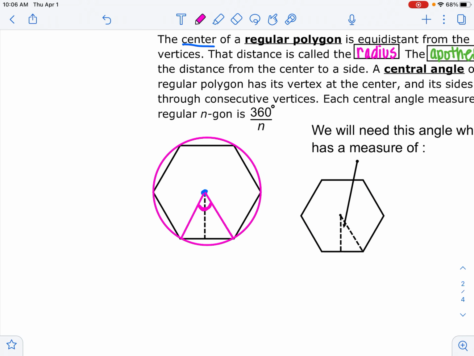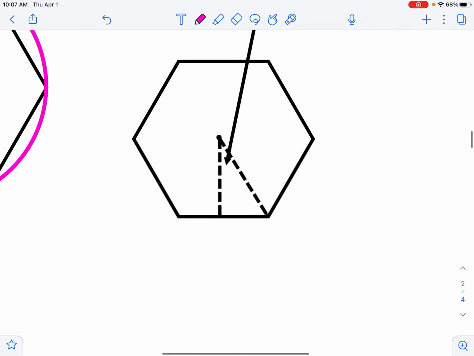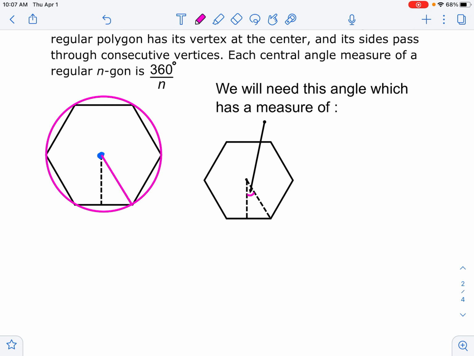And to get that angle, it's 360 divided by n. Now, here's the thing, we don't want that angle. We want this angle right here, which is half of that. So to get that measure, we're going to do 360 divided by n, which is the number of sides, and then you're going to take that and divide that by 2. That will give you this angle right here.